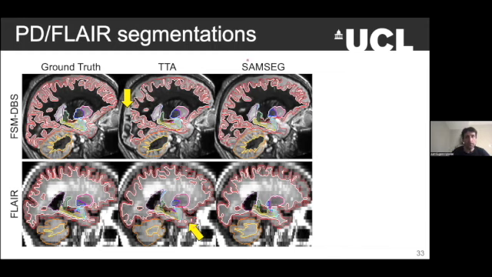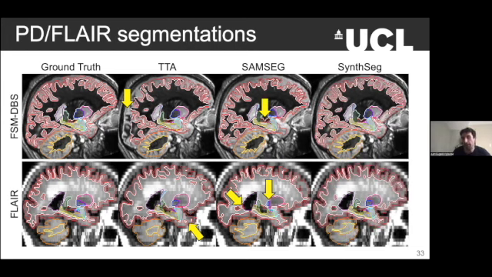SAMSEG does a good job on the 1 millimeter scan up here on the FSM data, the DBS sequence, but struggles quite a bit with the lower resolution. Like for example, the pallidum is almost gone, or the cortex, the medial temporal lobe doesn't look great either. And SynthSeg is surprisingly good at coping with the lower resolution.